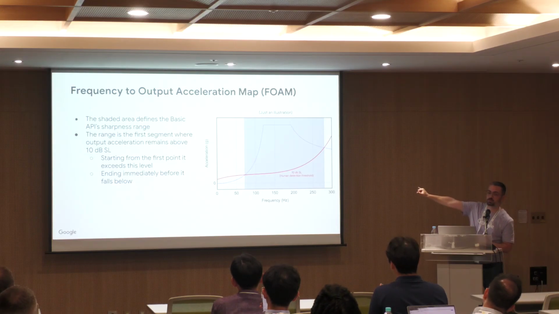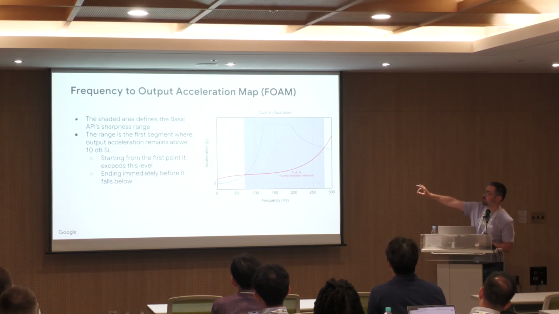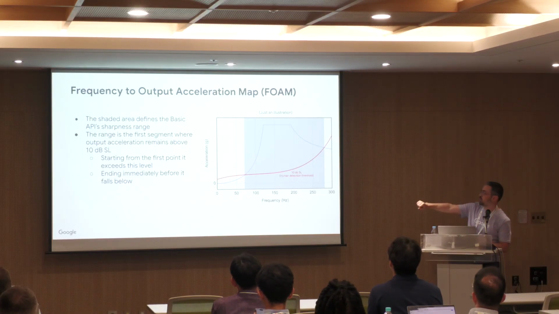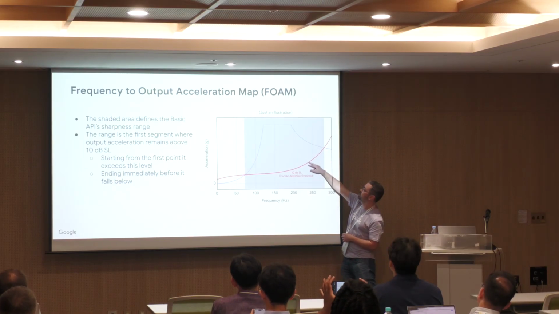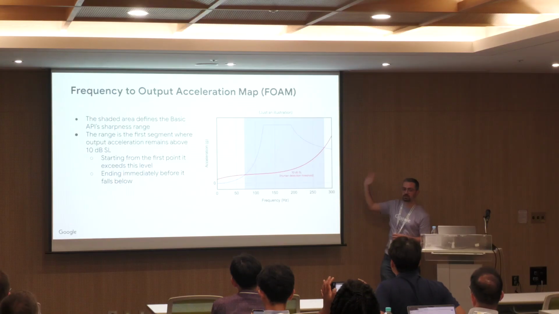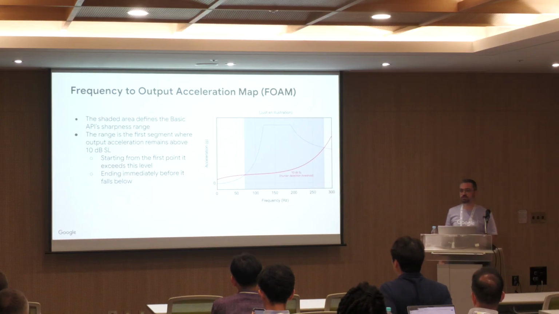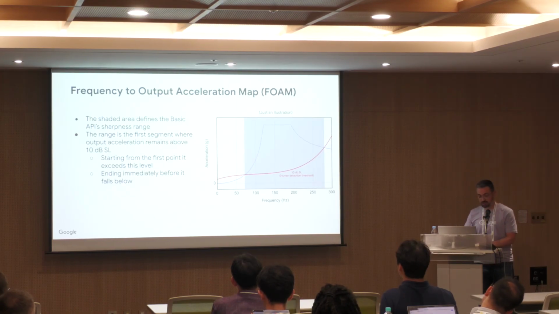This is how you would know that your basic API is going to provide a vibration within this range. Now, there are cases where it won't cut again, and it just keeps on going. In that case, you just have the rest of the entire frequency range to work with. So it is important to keep this in mind when working with the advanced API.